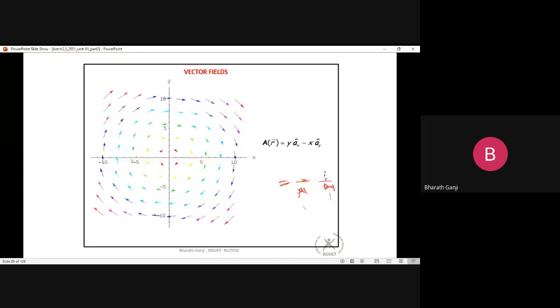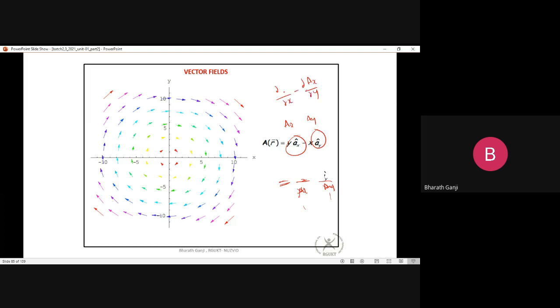Okay, but if you look at this field, so what is the x component? This is your x component and this is your y component. Okay, so first of all you have to take the derivative of the y component with respect to x, and you have to subtract the derivative of the x component with respect to y.